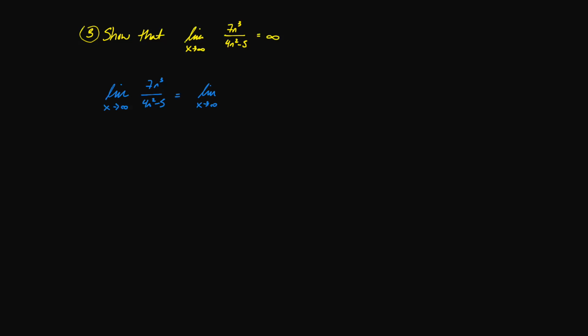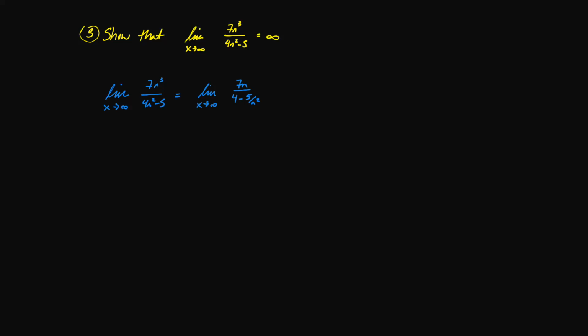So if I divide the top by n squared, I'm going to get 7n, right? The n squared cancels out only 2 of the n's and it's left with 1 remaining n. If I do that for the bottom, 4 is remaining. But what happens to the 5? The 5 is divided by n squared.